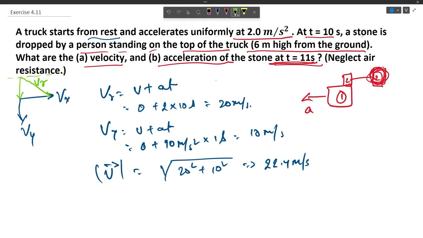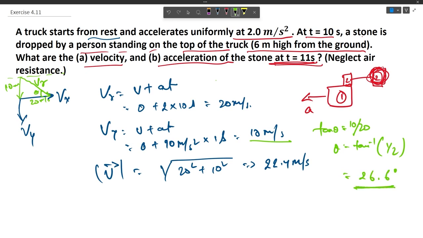So we have this Vx of magnitude 20 meter per second, and Vy has magnitude of 10 meter per second. Now finding this angle theta, the trigonometric ratio would give us tan theta equals 10 divided by 20. Now theta would be tan inverse of 1 by 2, that will come out to be 26.6 degrees.